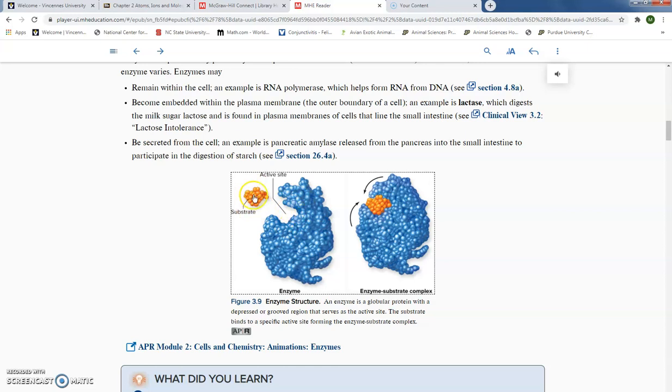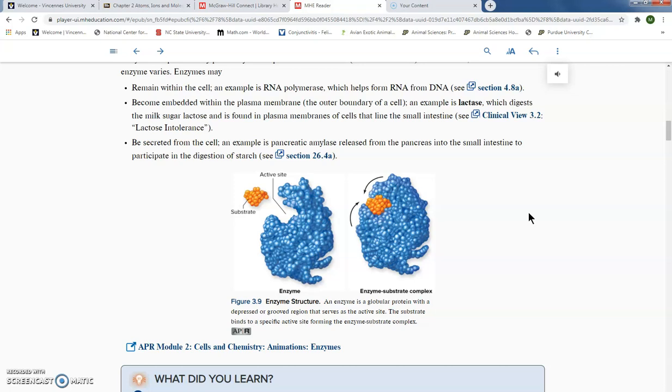In this case, this little substrate, you can see the way it's shaped, is going to fit perfectly in there. Then we get this enzyme-substrate complex, which just means the enzyme and substrate bound together. Those are the structural components of an enzyme.